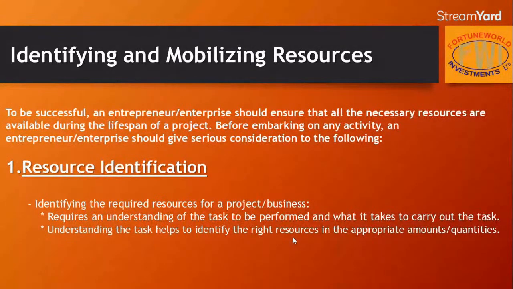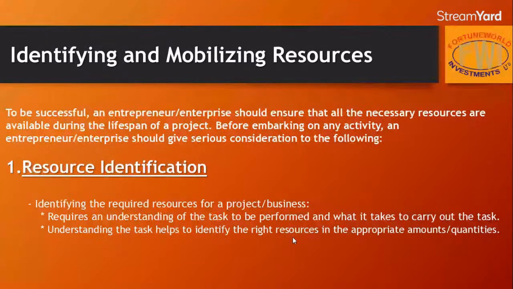So, under resource identification, we are saying that as a business, you need to understand the task that you're going to perform in this type of business that you want to do.